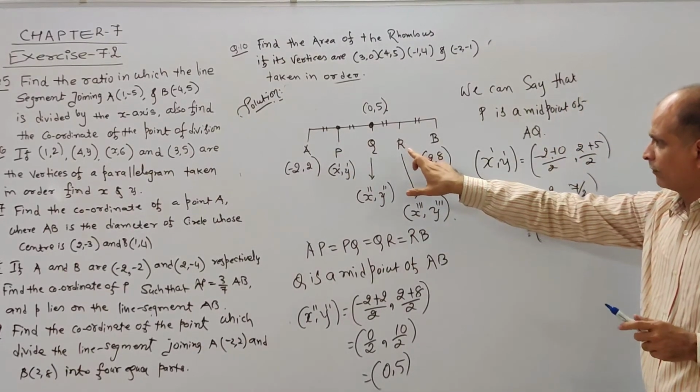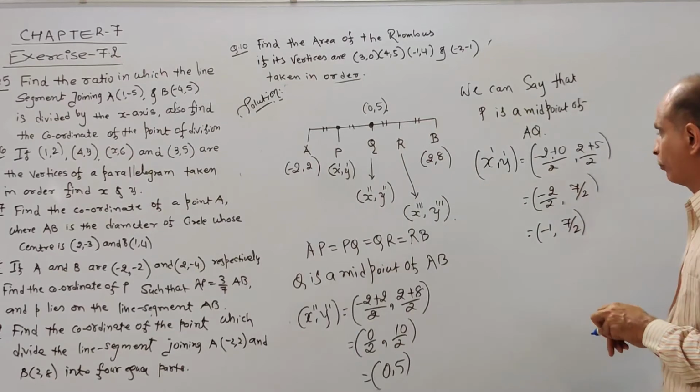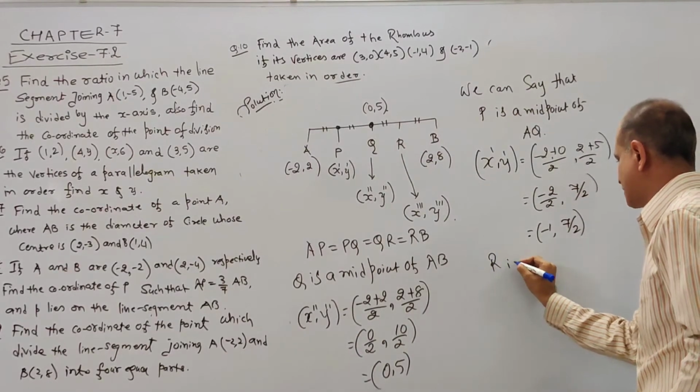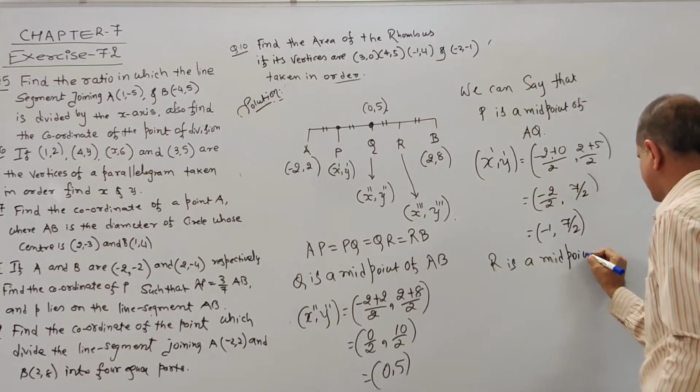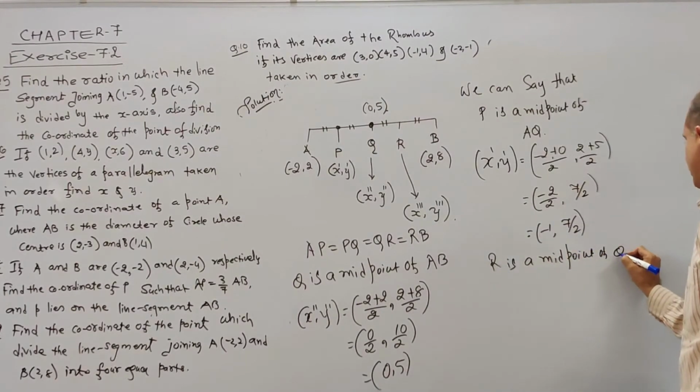Now let me find out the value of R with the help of the midpoint formula. So R is a midpoint of QB.